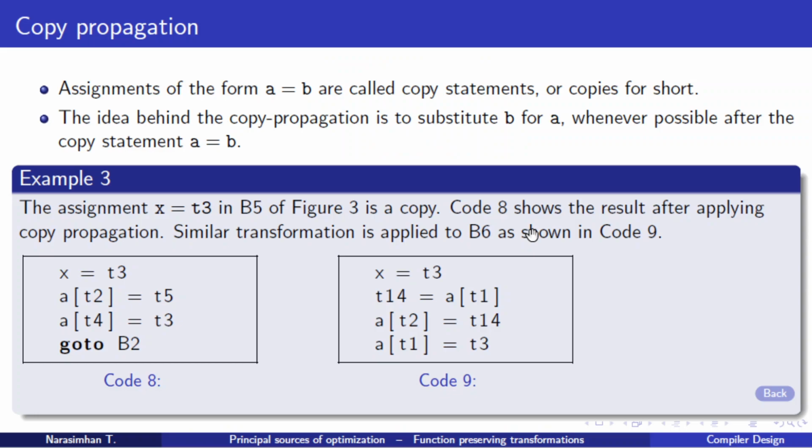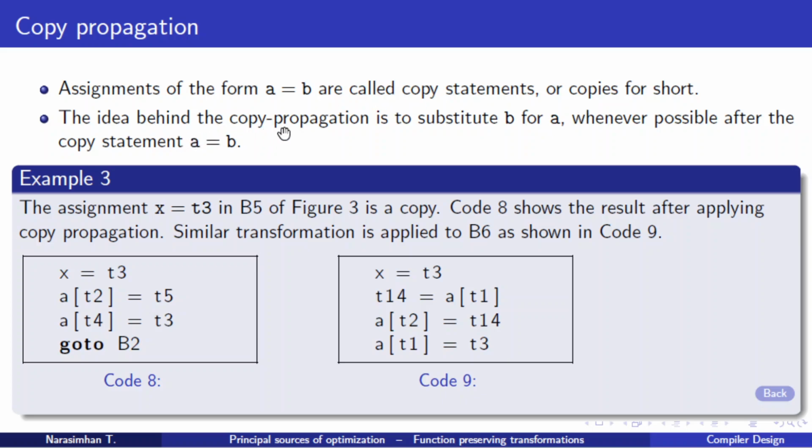Let us move on. The next example of optimization technique that we will discuss is copy propagation. To know what copy propagation is, you should understand what copies are. Let us define what a copy is. Assignments of the form A equal to B are called copy statements, or in short we call them copies.